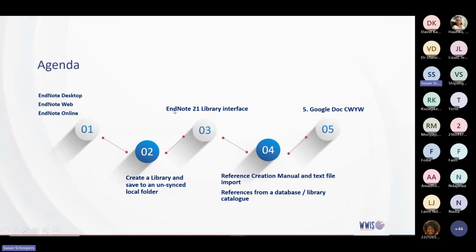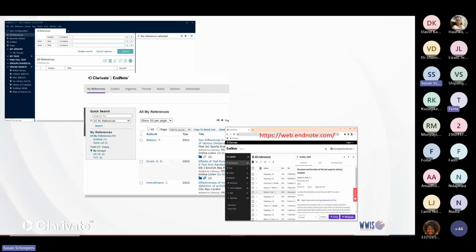I'm going to show you the EndNote library interface, the features of that, what it looks like, reference creation, manual and text file import, references from a database or library catalog, and then from Google Docs. I'm not sure about using Google Docs, but yes, that is also an option lately. Previously, we could not use Google Docs.